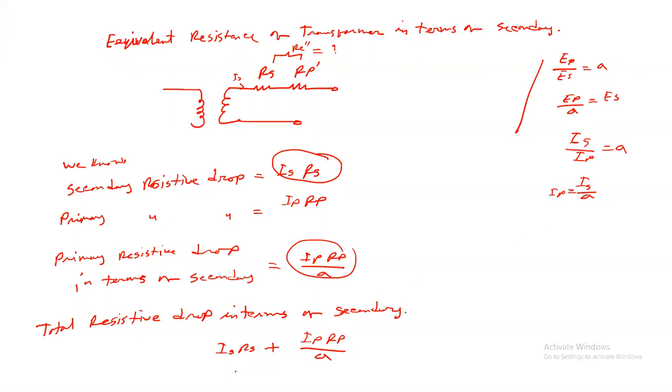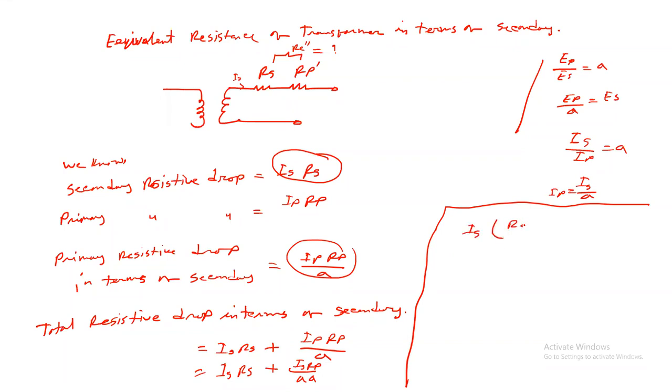So change it: IS RS plus, changing IP to IS by A, IS by A times another A, and RP is RP. IS is common: IS times RS plus RP by A square.